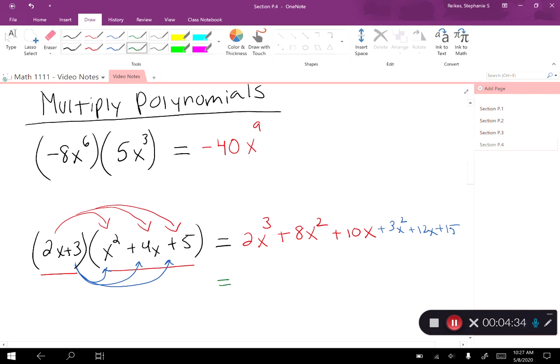So the only thing cubed is 2x cubed. And then I got 8x squared plus 3x squared. So that's going to be positive 11x squared. Then I have 10x plus 12x, so that's 22x. And then I just have a 15, so plus 15, and that is my solution.